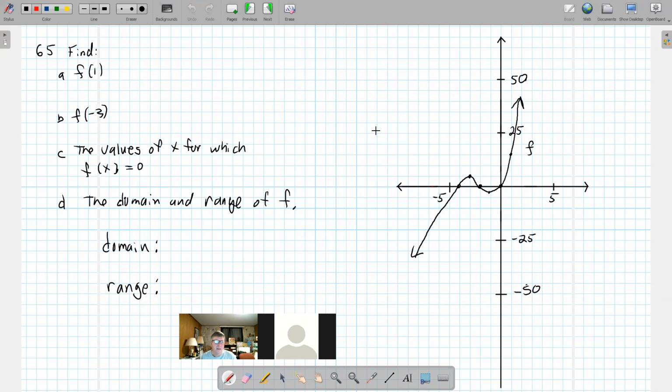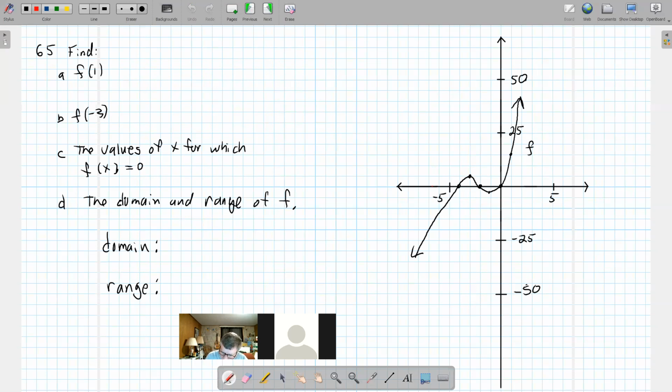Now they kind of take the two ideas and put them together, finding ordered pairs and finding domain and range. So this is the function f, but be careful. Notice the scale. On the x-axis, the scale, each square is 1 unit. On the y-axis, each square is 5 units. Okay, so be careful.